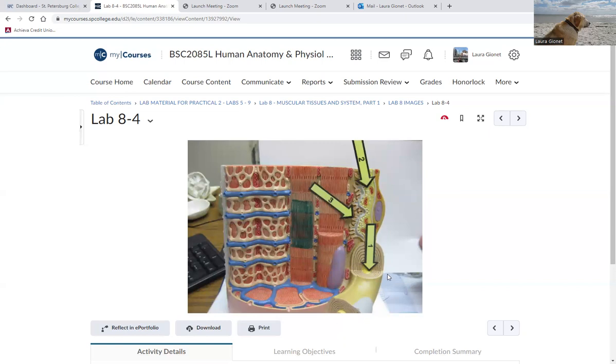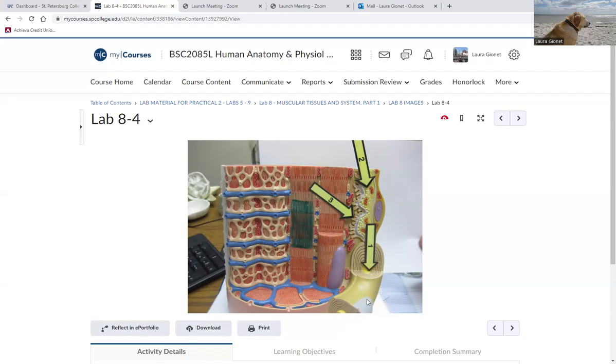And the impulse to contract is going to travel down this whole big structure, number 1. And it arrives at the axon terminals represented here in 2. Now it's cut open. You can see some mitochondria in there. You can see these little white balls there. Those are the synaptic vesicles storing acetylcholine.